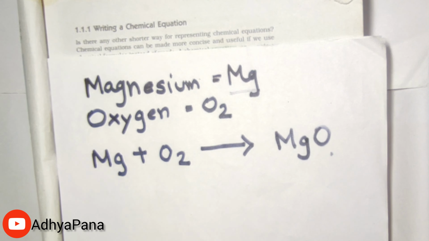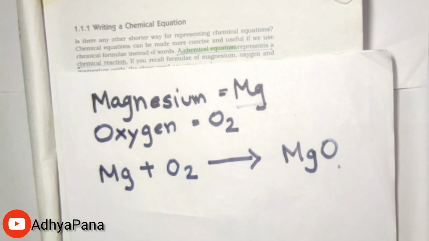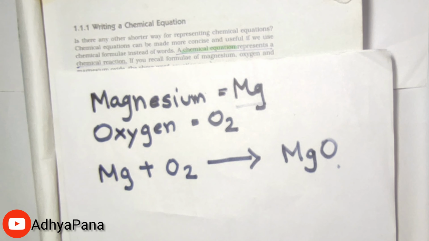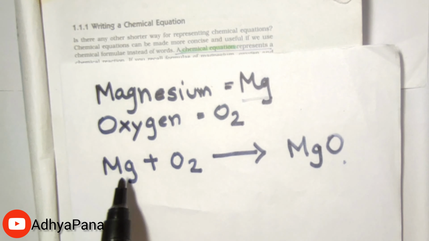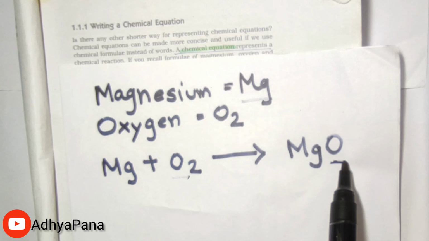As you can see, there are two kinds of chemical equation, the skeletal chemical equation and the balanced chemical equation. How will we know that this is a skeletal chemical equation? A skeletal chemical equation is an equation in which the law of conservation of mass isn't followed. So, taking the example of this equation, you see there are two oxygens on the left but only one oxygen on the right hand side.